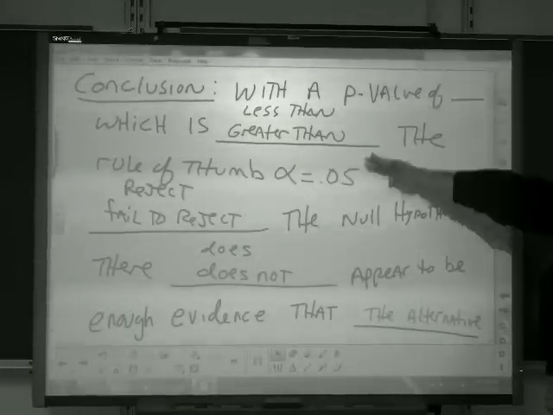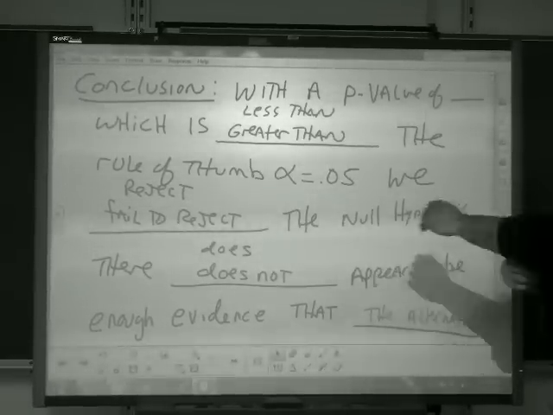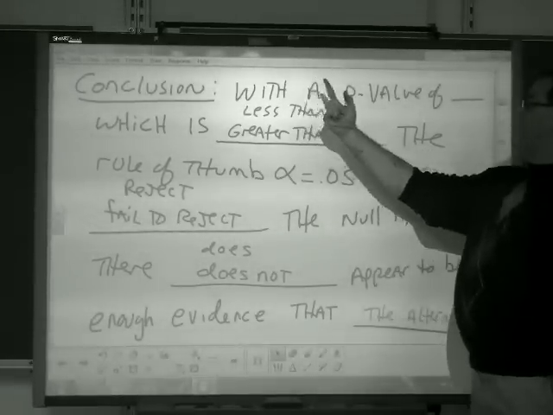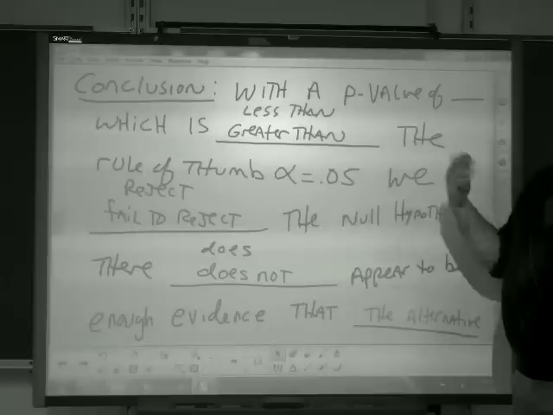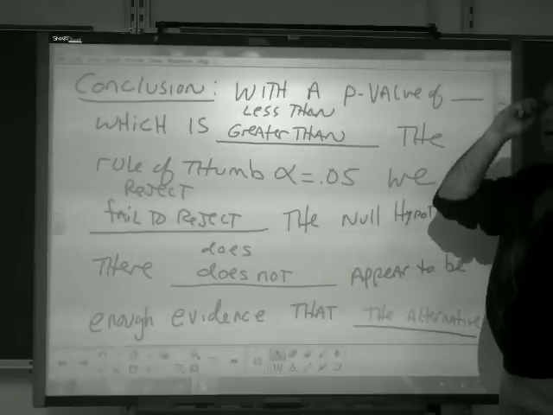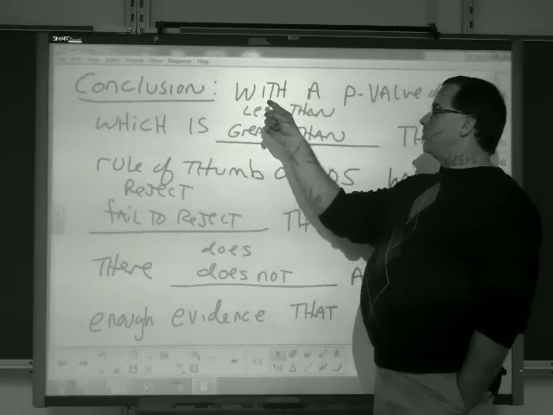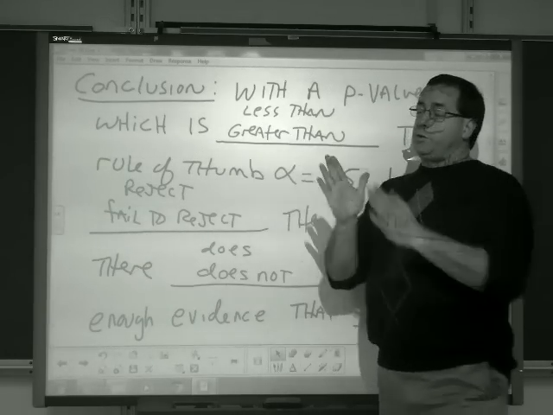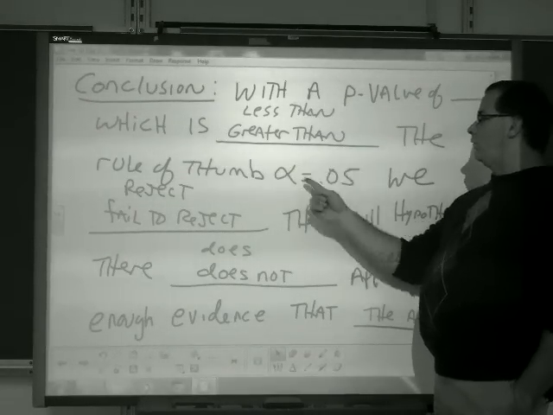Conclusion. We wrote this conclusion, but here's a general format. We always talk about the p-value. So with a p-value of blank, write down your p-value. That's the probability you got from the shaded part of your normal curve, which is either going to be less than or greater than the rule of thumb alpha equal to 0.05.